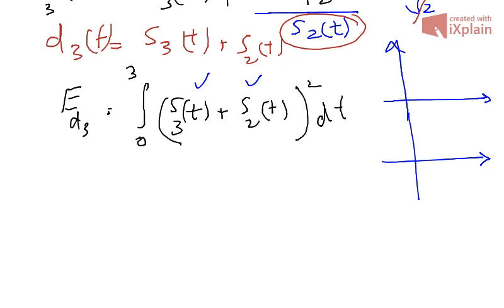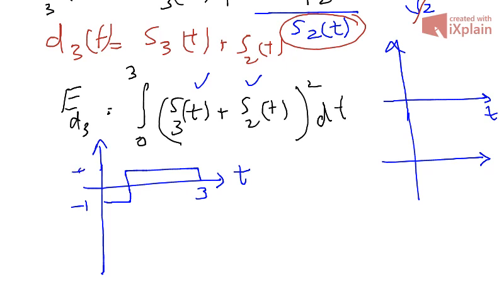This is my first signal, S3 of t. Let me draw it here so that it is clearly visible. This one is the time axis. So I have S3, which is up to 3.